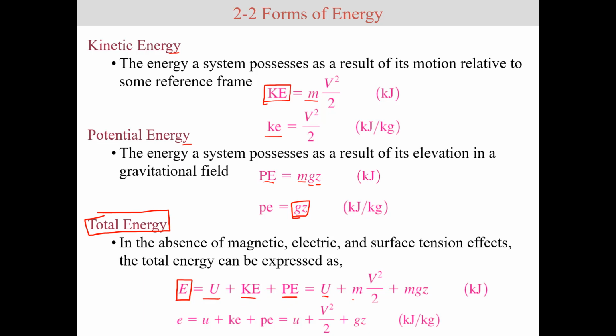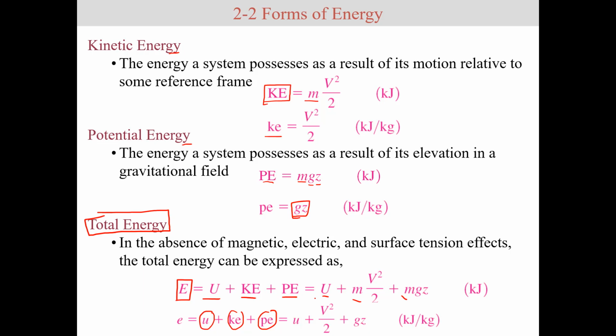So U plus mv squared over 2 plus mgz. Now, if I put that in terms of specific energy, divide through by mass, I have little u, little ke, little pe. So again, that would be the total energy that a system possesses.